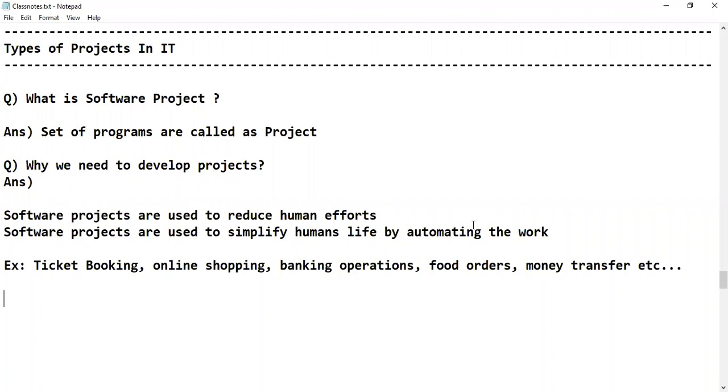Earlier, if you want to transfer the money, you should go to bank, you should fill up the form, you should deposit the money into other account.